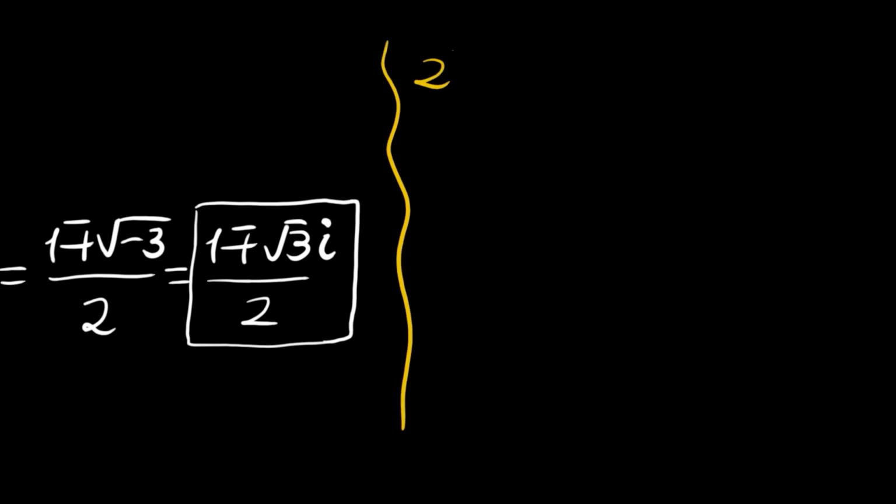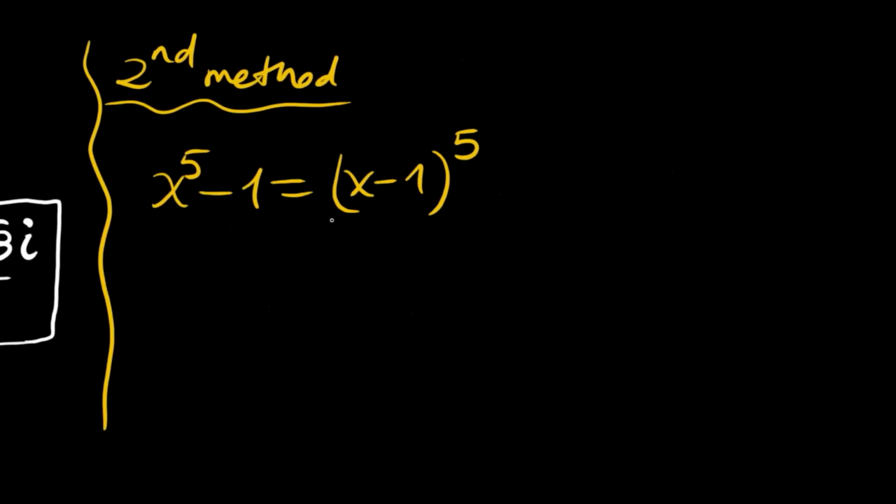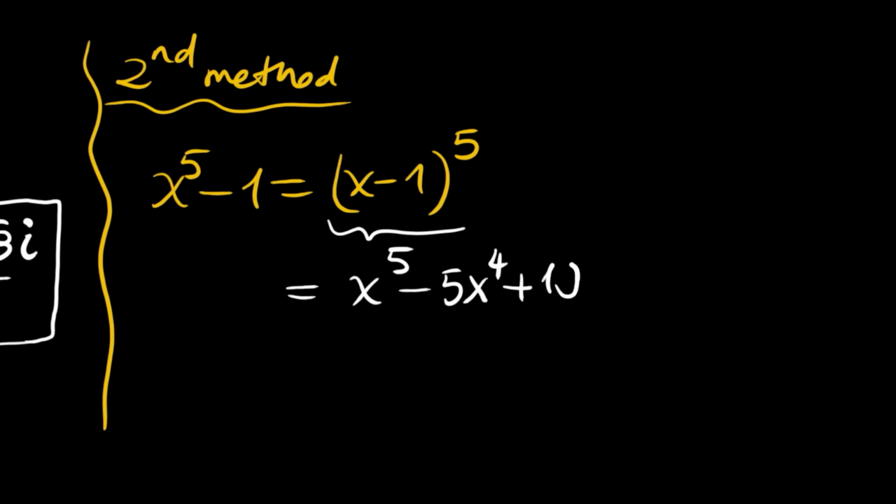The second method is, we have x to the fifth power minus 1 is equal to (x minus 1) raised to the fifth power. We can expand this right hand side directly. We can use the binomial theorem to write x to the fifth power minus 5 times x to the fourth power plus 10 times x cubed minus 10 times x squared plus 5 times x and minus 1.